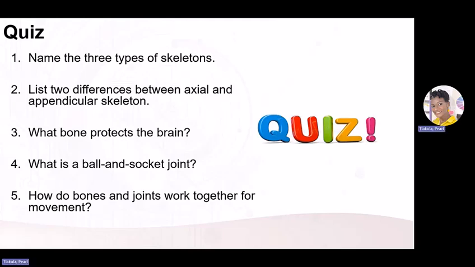Thank you. Number 2, list 2 differences between the axial and the appendicular skeleton. Do you remember? Just 2, not more than 2, just 2.